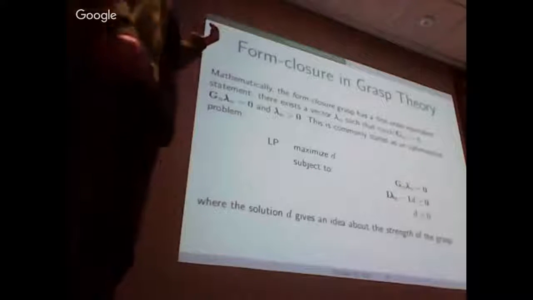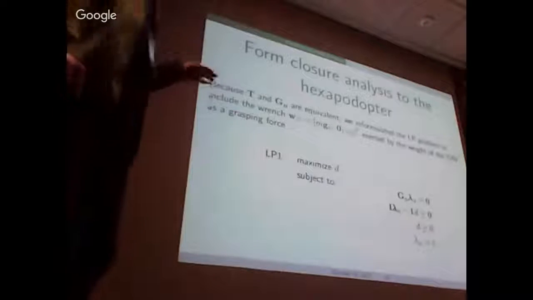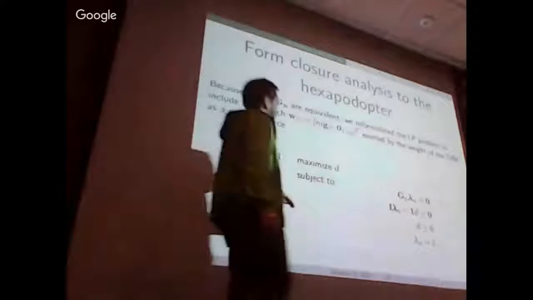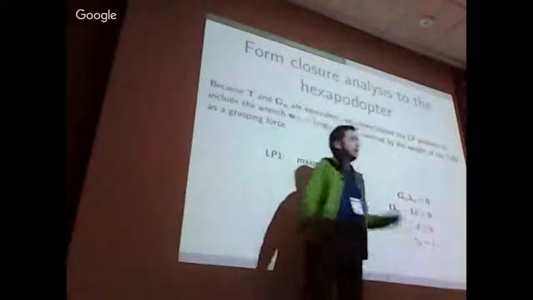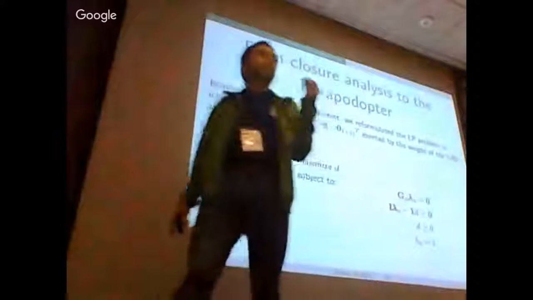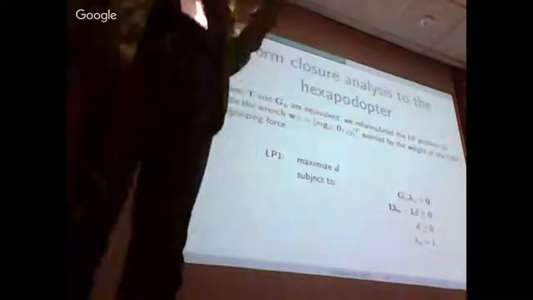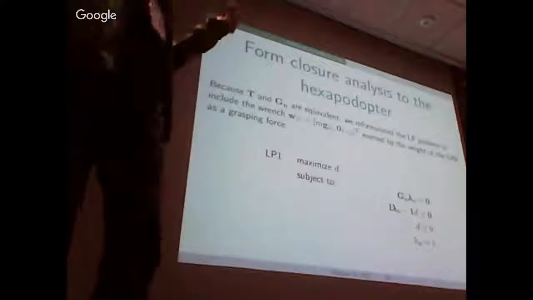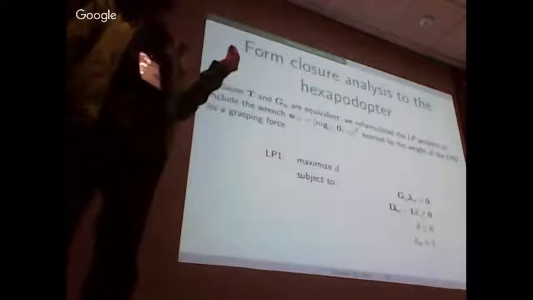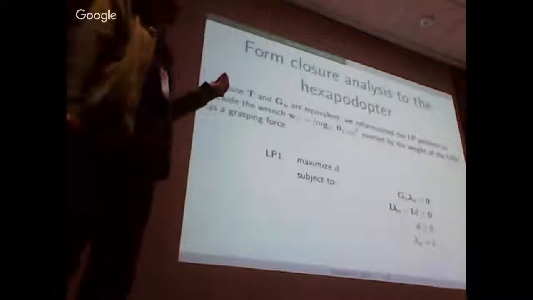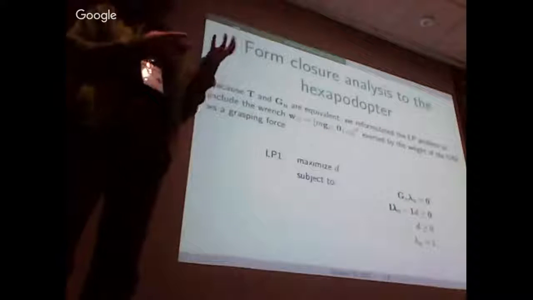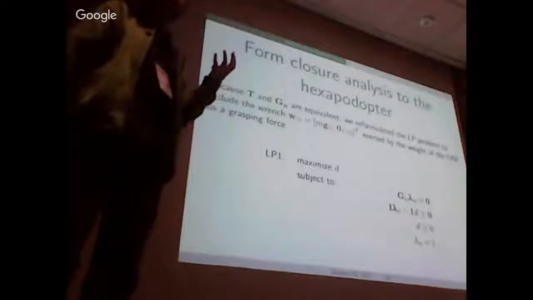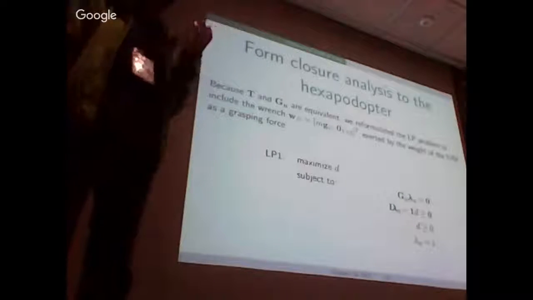We did the same for the Hexapodopter, adding a fourth constraint. We added the weight of the vehicle as a grasp force for the rigid body, and under this constraint, we tested the forces applied to the rigid body of the vehicle. It is a form closure arrangement, right?